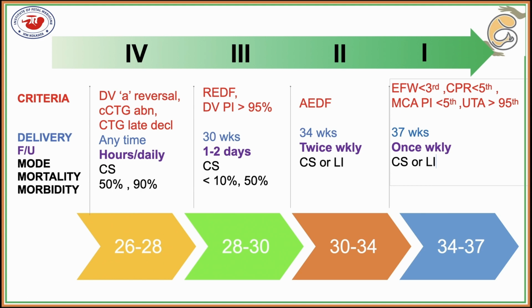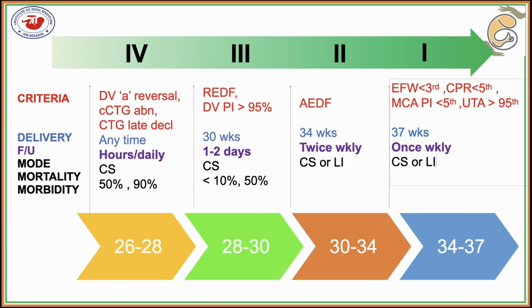So, in the reversed end diastolic flow, the threshold is 30 weeks, but the range which the society gives is 30 to 32 weeks. But generally, at the lower one, it is recommended that you deliver it. I'll show you that also. Stage 2, there was high suspicion, there's severe placental disease where there's absent end diastolic flow.